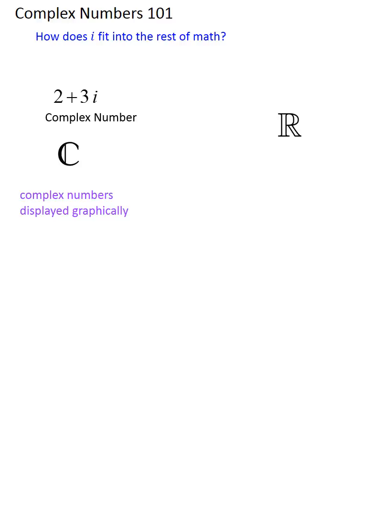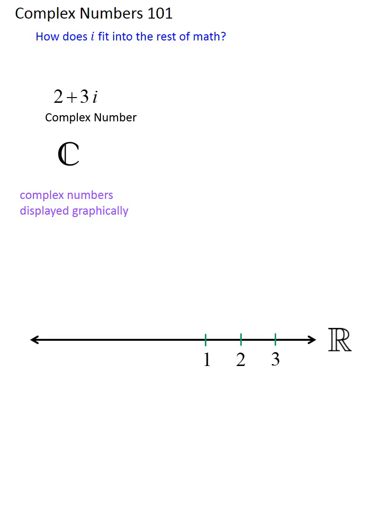Mathematicians also decided that complex numbers should be able to be displayed graphically. Imagine the following. Think of a number line, the one you've always used in mathematics with all your familiar numbers on it, and imagine perpendicular to that, creating a new axis and calling it the imaginary axis, and putting imaginary numbers on it like 1i, 2i, and 3i.